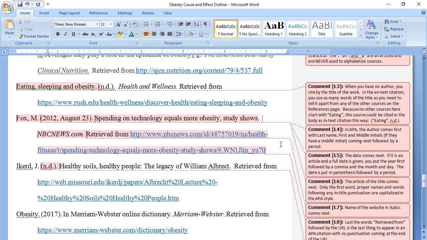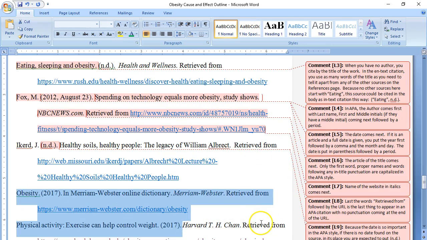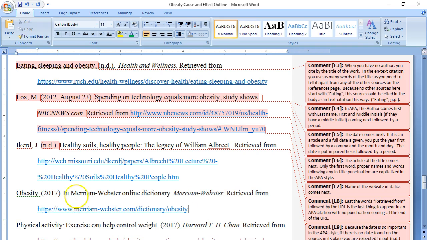I want you to see that right down here, highlighted in blue, is the source that information came from. When you cite from a dictionary, you do it by the word, obesity, and then this one came from the Merriam-Webster Online Dictionary. You write Merriam-Webster Online Dictionary, and then put the title of the website retrieved from the URL.